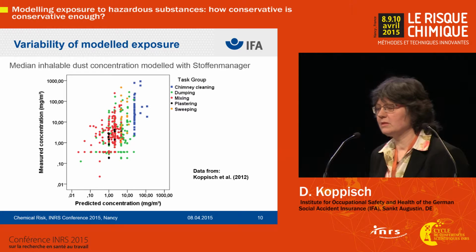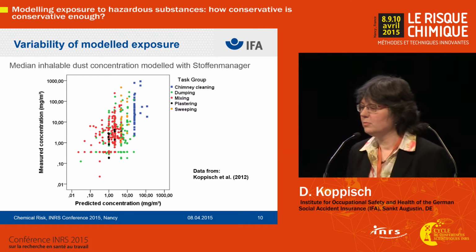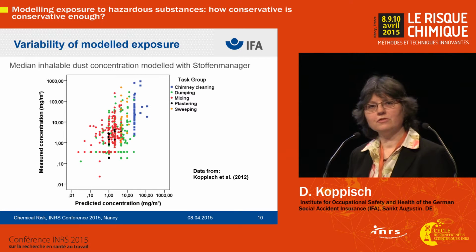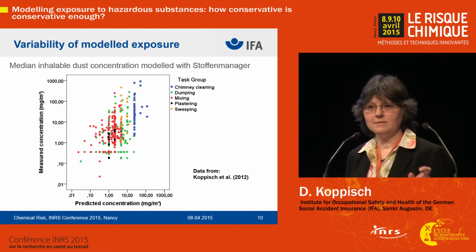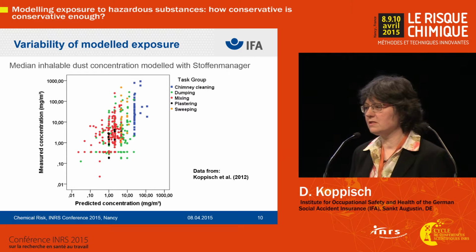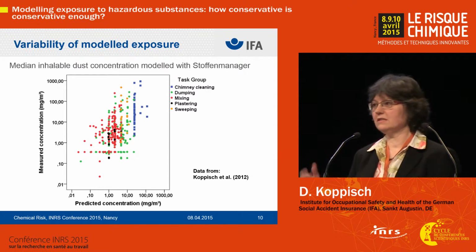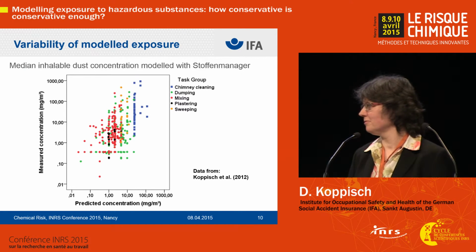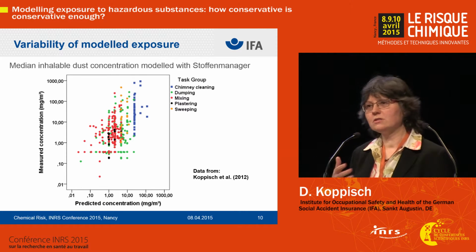So these are examples from a validation study we did together with TNO, with the measurement data coming from the German exposure database MEGA, and predicted concentrations coming from the Stoffenmanager model, in this case the model for inhalable dust. When you first see this picture, perhaps you say, well, that model isn't very good. But what happens here?